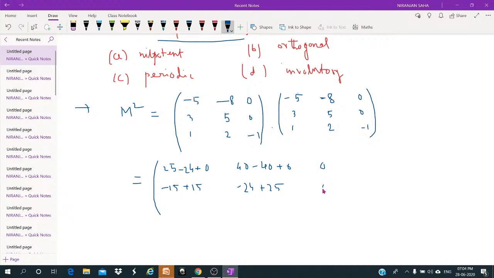Again minus 5, minus 5 plus 6 and minus 1.